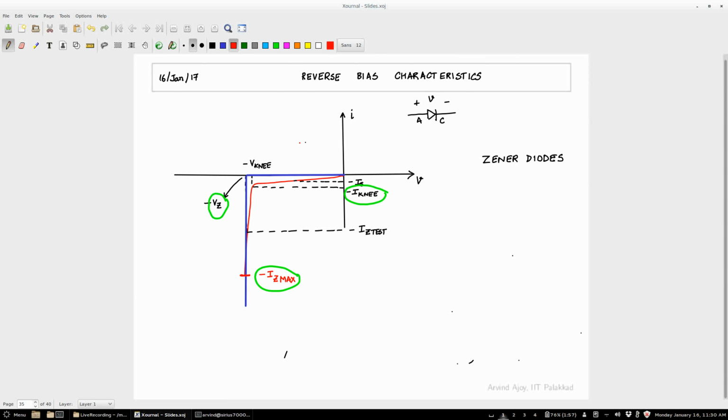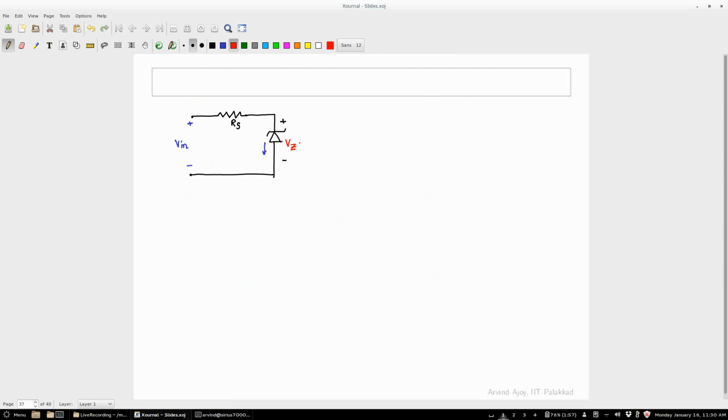If I assume that the diode has this nice vertical characteristic, then the voltage does not change irrespective of what current flows through the device. The only thing you have to ensure is that the current through the device should be greater than I knee and less than IZ max. That's your design, very straightforward. For whatever specifications the user wants, the current through the Zener is limited between I knee and IZ max, so that your voltage is fairly constant and equal to Vz.